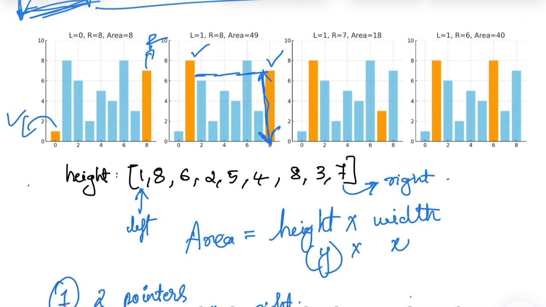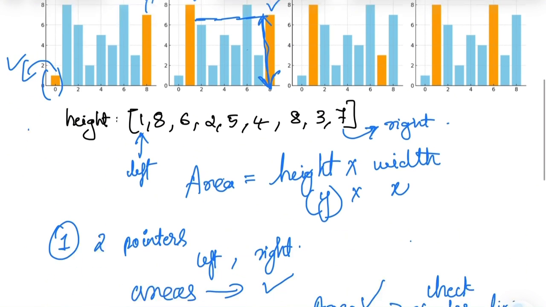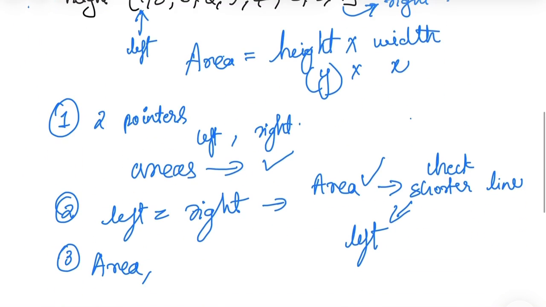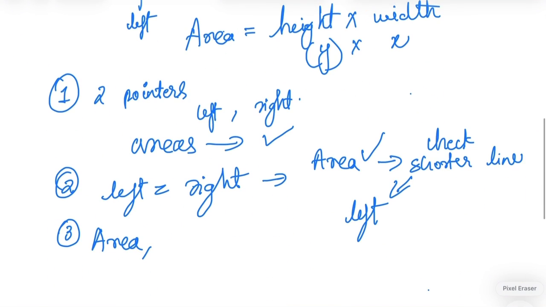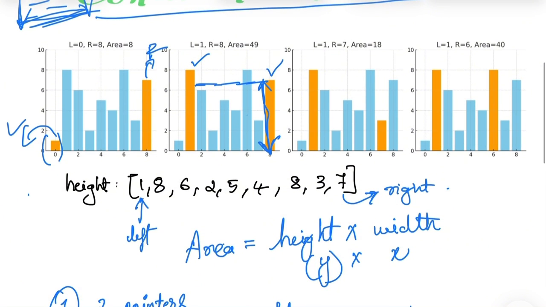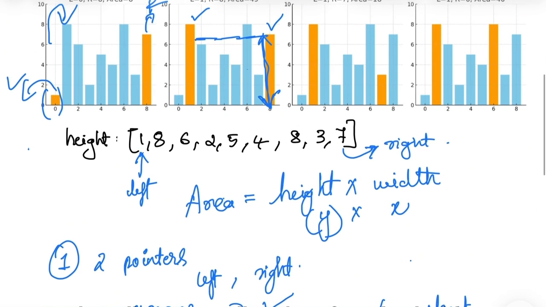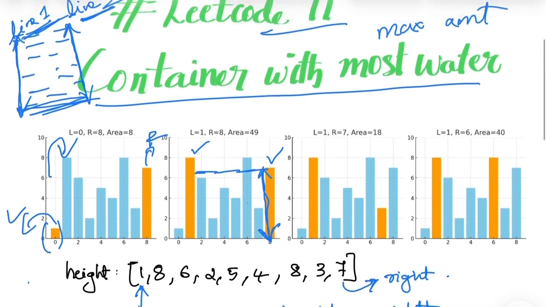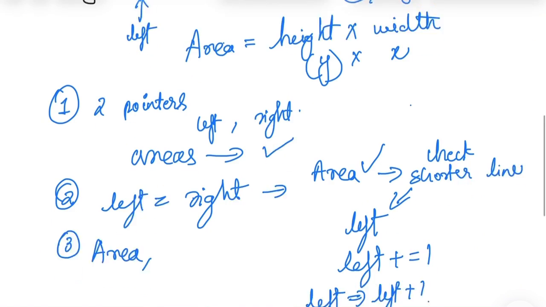The left is shorter than the right, so we move to the right side. Left plus equals 1, which means left is equal to left plus 1. So this goes on to this, because we are in search of a taller line. Taller lines on both sides mean we'll have much more water in it, right?